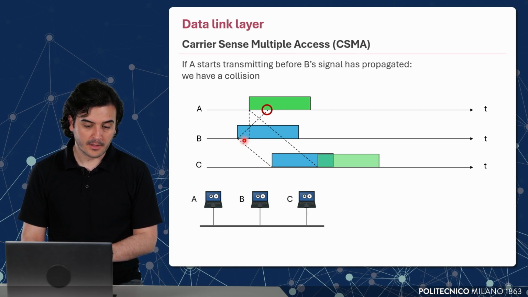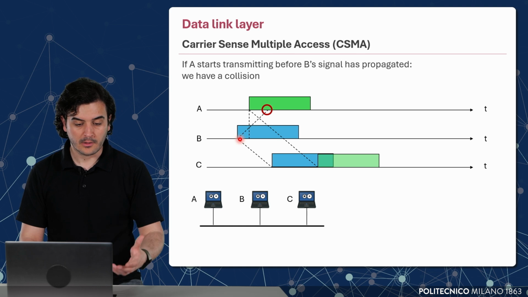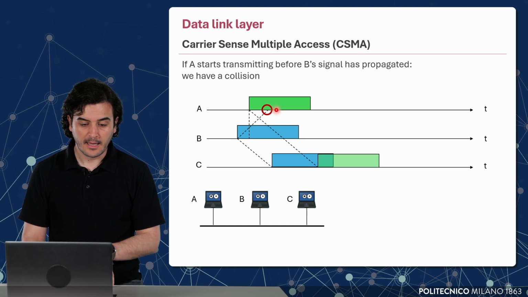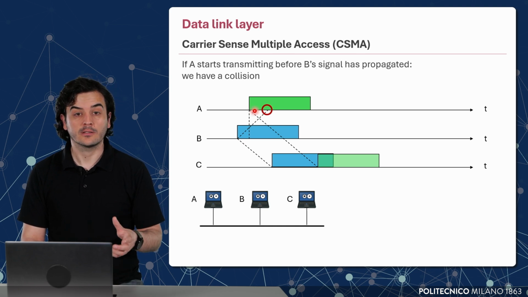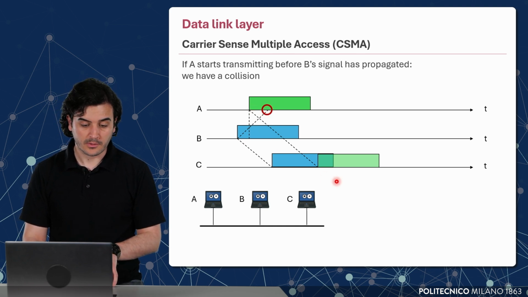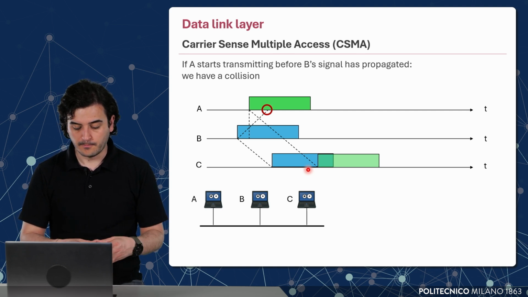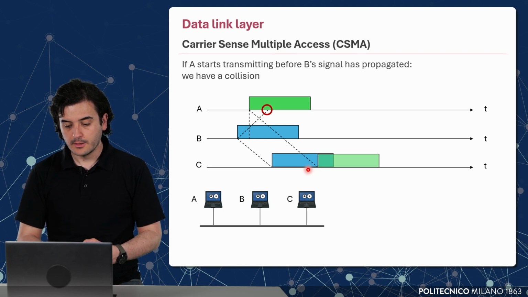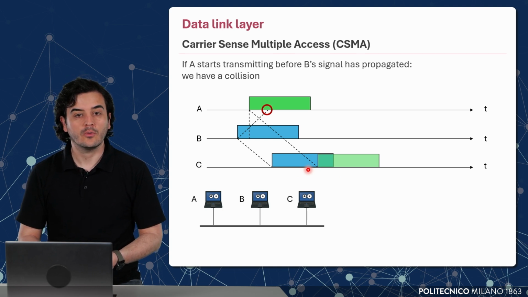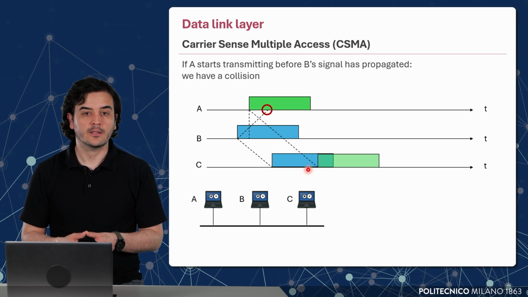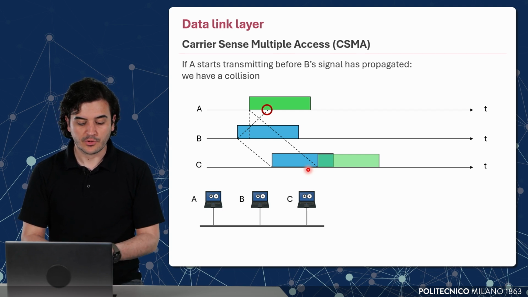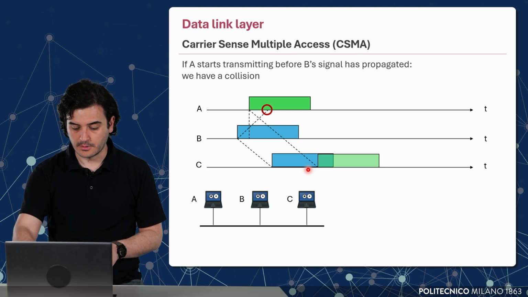However, by the time that the information requesting the use of the physical medium has reached A, A might have already started the transmission towards C. So there is a need not only for checking whether the transmission medium is being used or not, but also for additional mechanisms that check whether the shared physical medium is available or not.